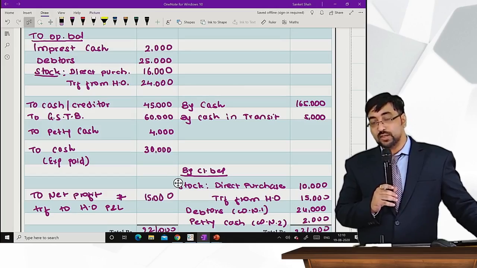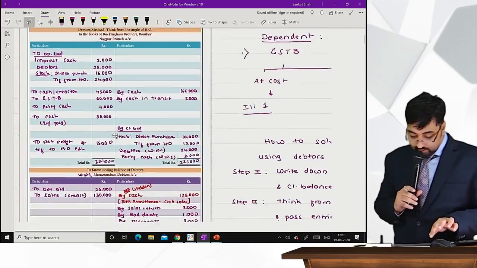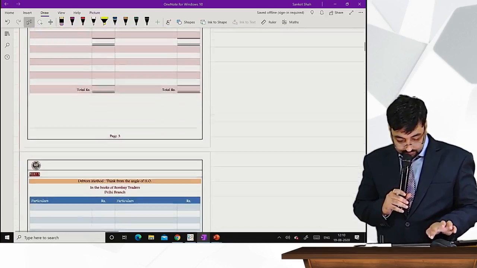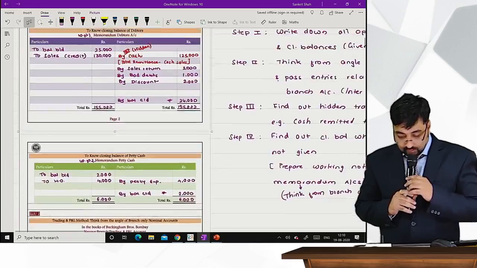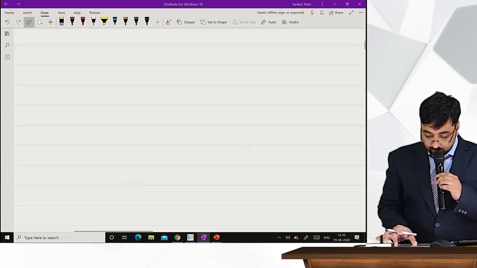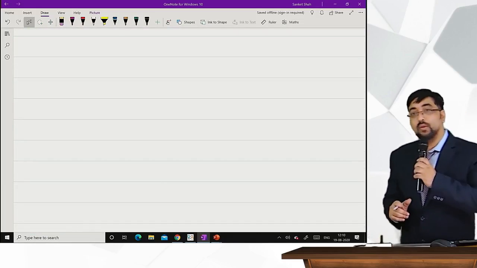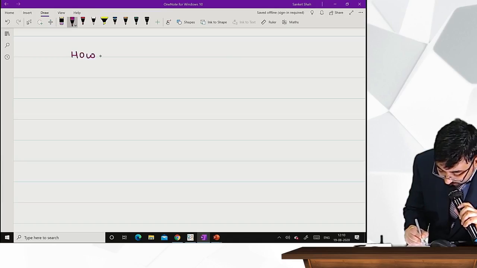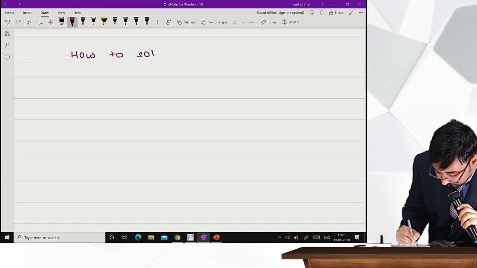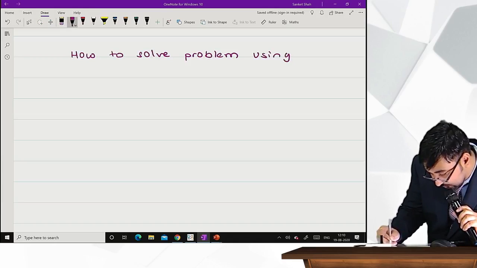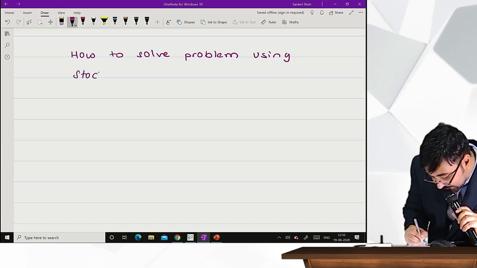Now we are going to see the same problem using stock and debtors method. This problem is at cost. So first write down how to solve the problem using stock and debtors method.